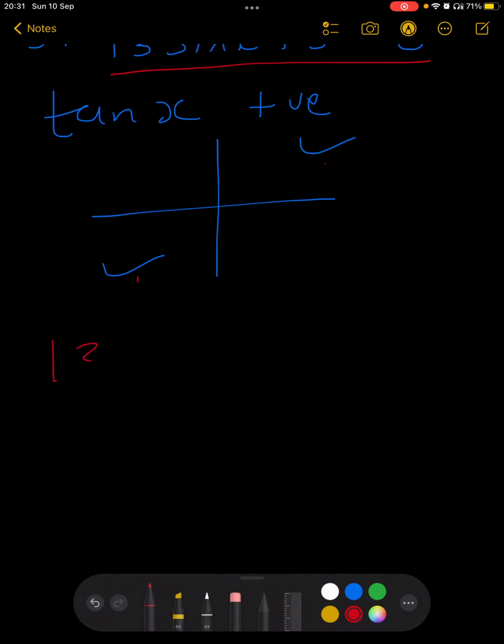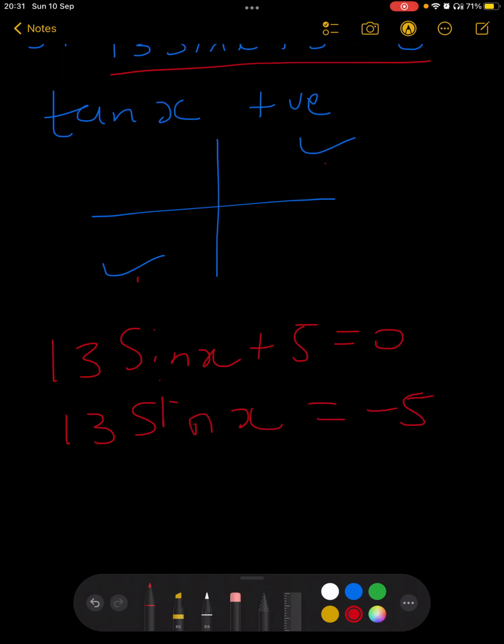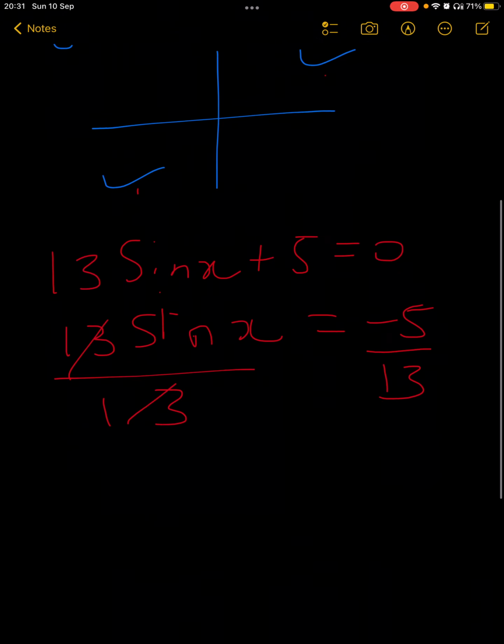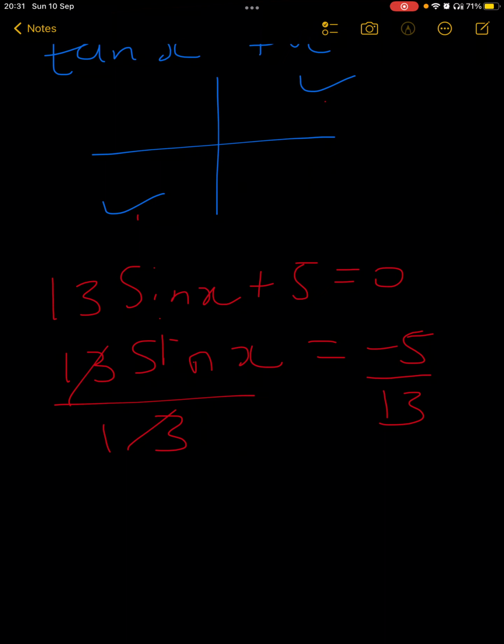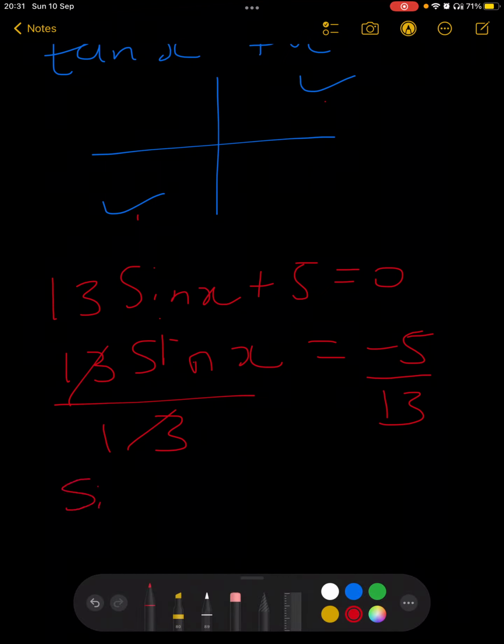Now 13 sine x plus 5 equals 0 can be simplified into 13 sine x equals minus 5, and divide by 13 both sides, and we get that sine x is equal to negative 5 over 13.